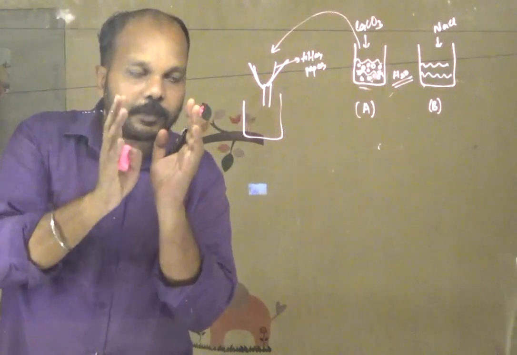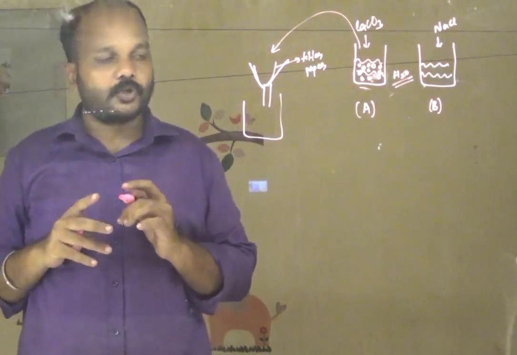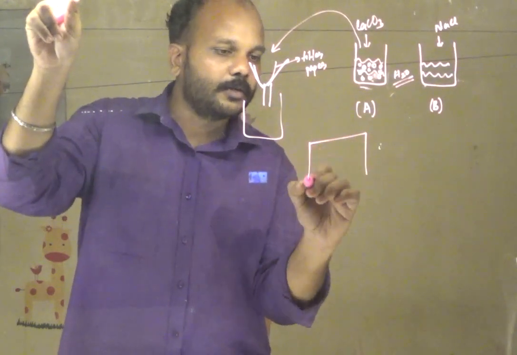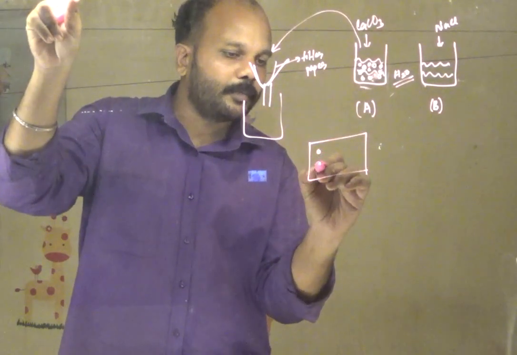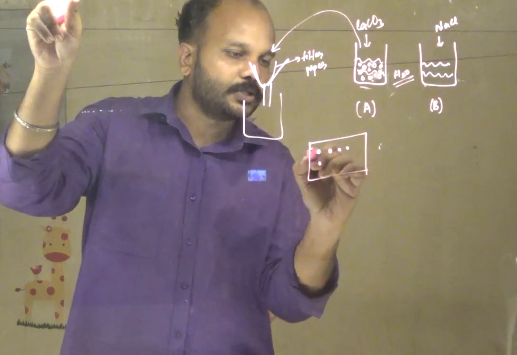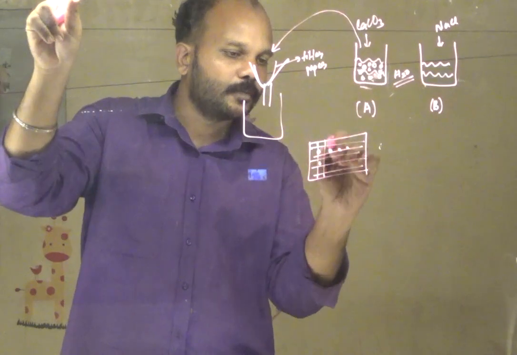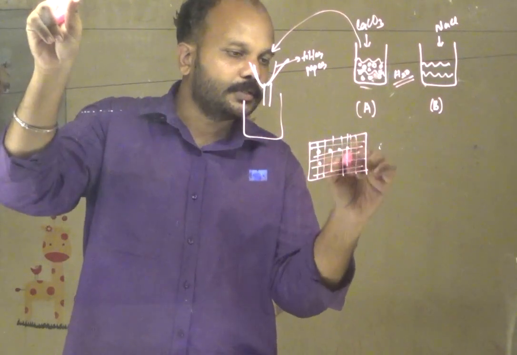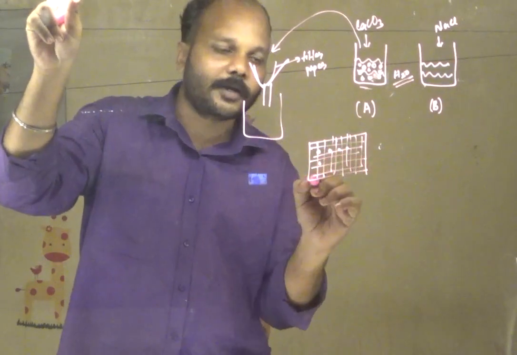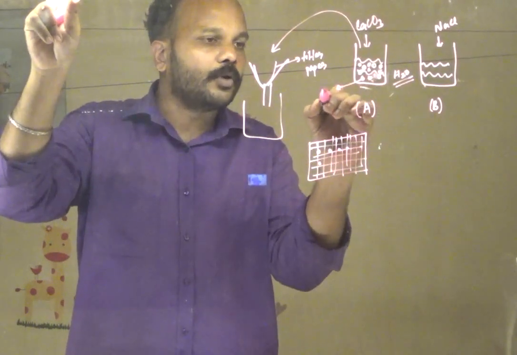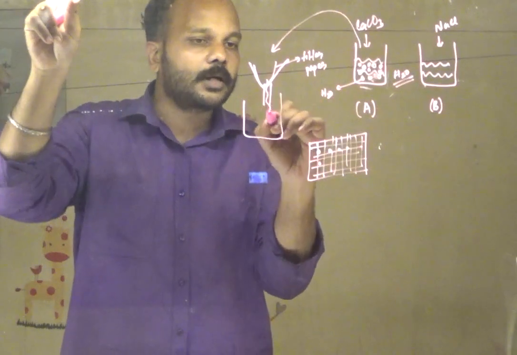If you examine this filter paper microscopically, this filter paper contains some porosity. If I draw it like this, it has a certain number of pores. Through the pores, the water molecules will come through.